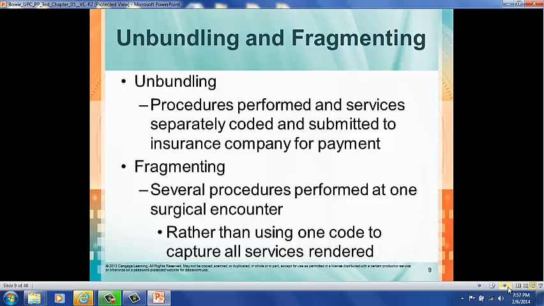Unbundling occurs when procedures are performed and services are separately coded and submitted to the insurance company for payment. Fragmenting is a term used when several procedures are performed during one surgical encounter, and instead of one code to capture all services rendered, each service is broken out or fragmented and assigned to its own code.